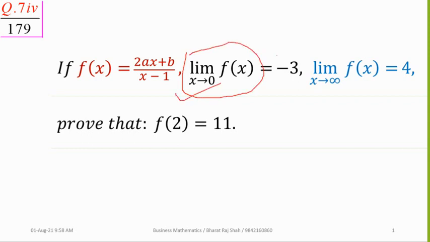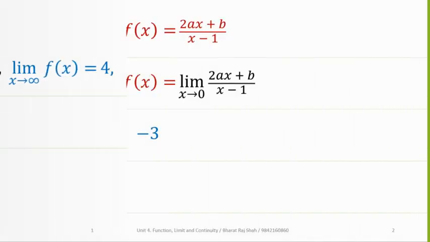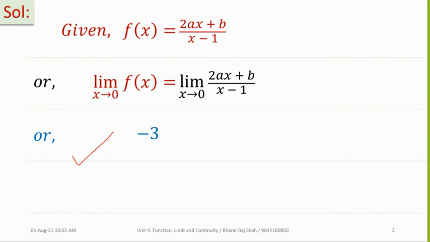Its value is already given in the question. So minus 3 is the limiting value of the function f(x) at x tends to 0. And that's why on the LHS, we can write minus 3, right? According to the given information, on the LHS we have written minus 3.